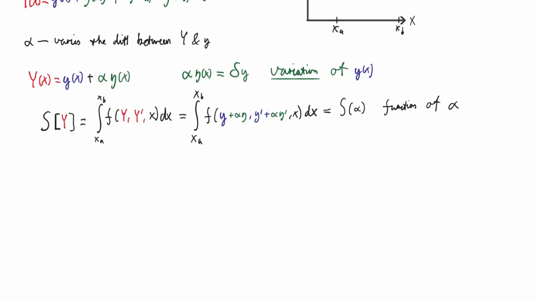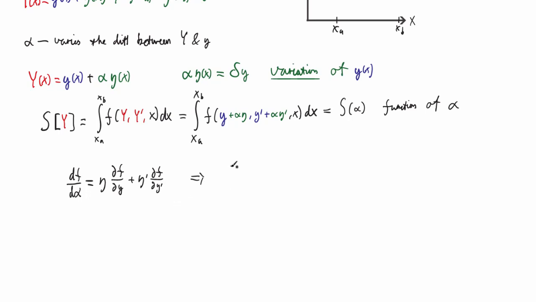So I'll just note that if we do take the derivative of f with respect to alpha, then by the chain rule, that's just going to be equal to eta times the partial of f with respect to y plus eta prime times the partial of f with respect to y prime. Right.